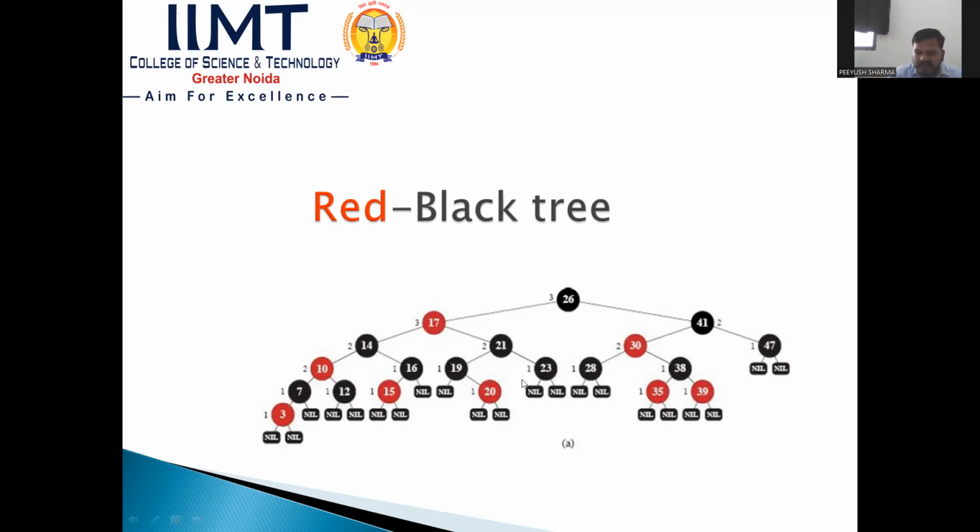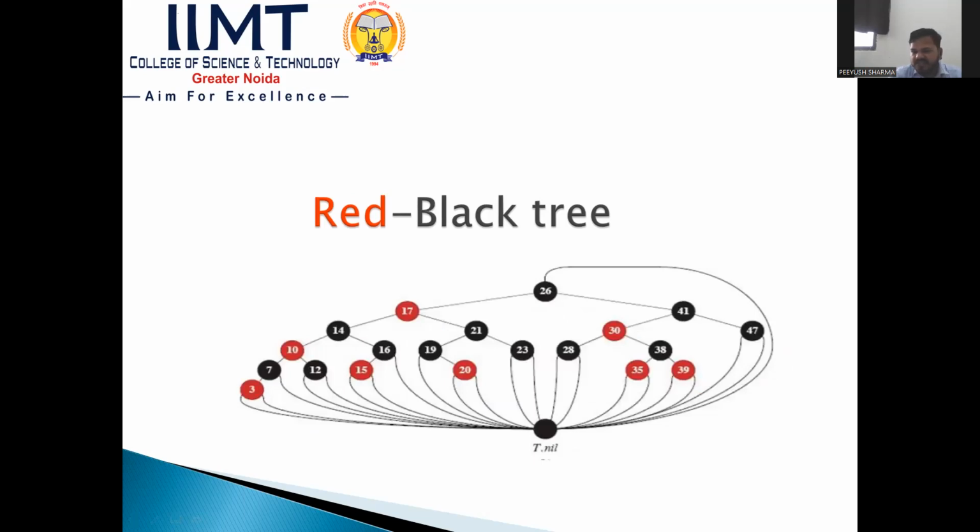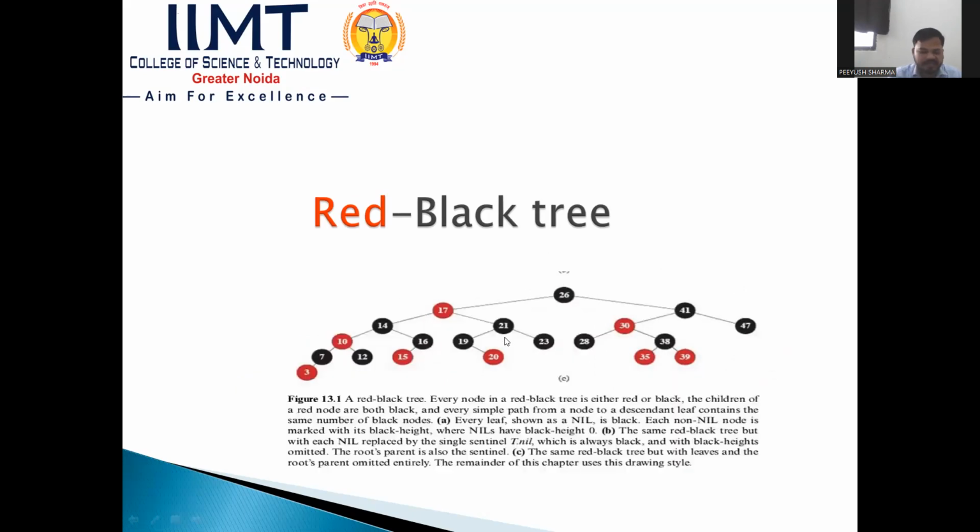So we can centralize it. So here we can see that all the nils are centralized in a single node. This single node is known as the sentinel node, right? And the sentinel node's descendant is connected to the root node. So this is all about the red black tree, right?